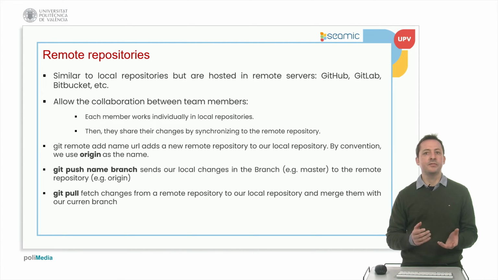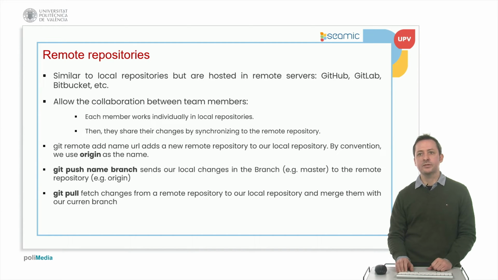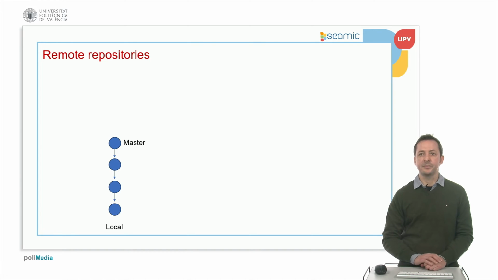And we have different commands to send changes to the remote repository and to retrieve changes from it. These commands are git push and git pull. Let's see how the connection with the remote repository works.